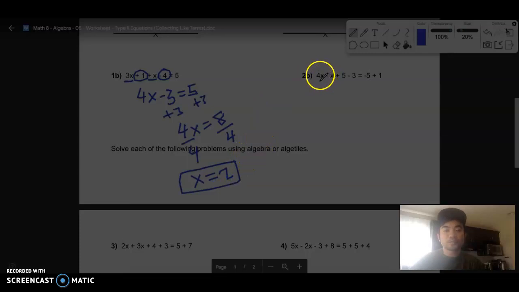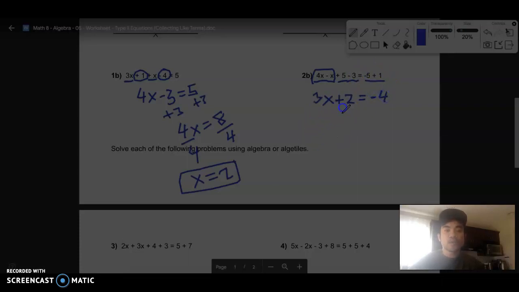How about this one? What is 4x minus x? 4x minus x is actually 3x. What is positive 5 minus 3? It's going to be positive 2. How about this one? What's negative 5 plus 1? Negative 5 plus 1 is actually negative 4.